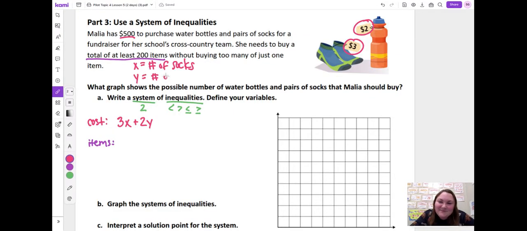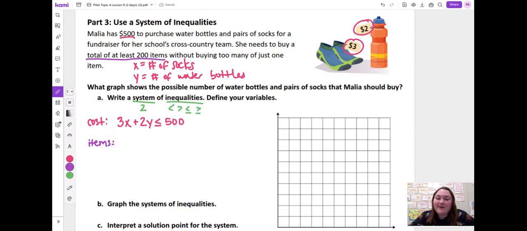And Y is the number of water bottles. And then altogether, she has $500 she can use. So she can use less than $500 or equal to $500. 500 is the maximum.